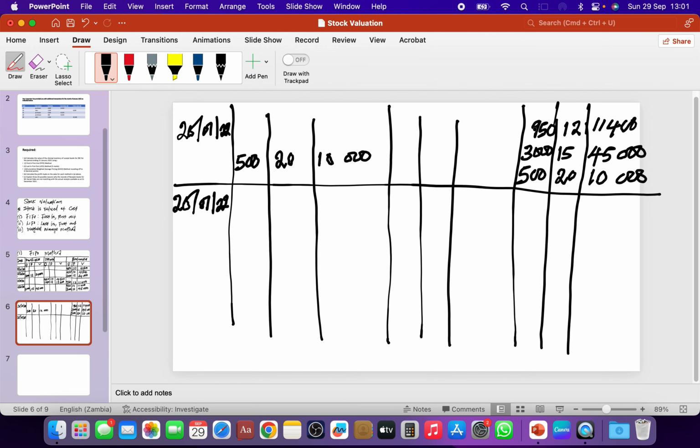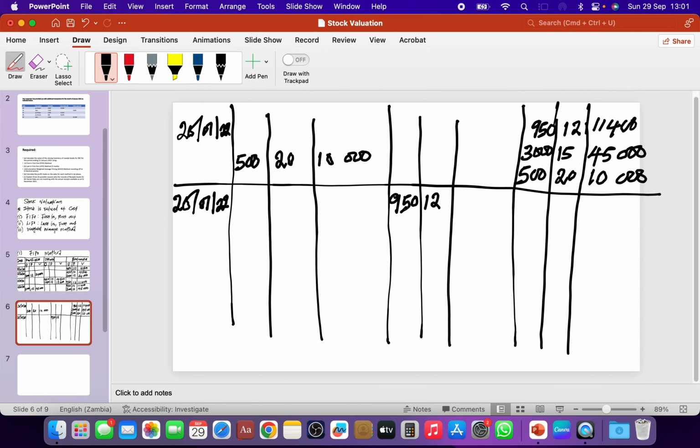So if you look at the batches of stock that we have here, on the 20th, we have one batch which has 950 units. Using the principles of FIFO, this is the batch that was supposed to sell first, 950, and each unit in this batch is valued at $12.